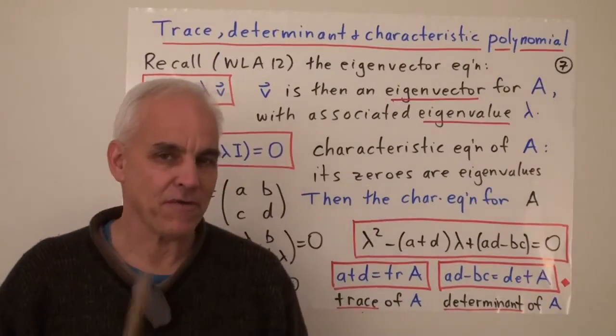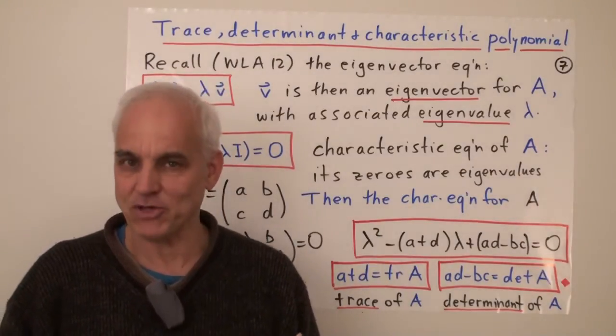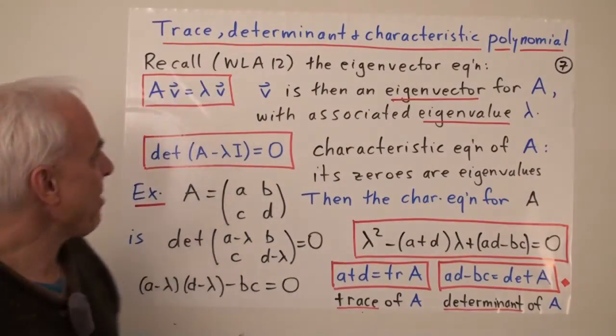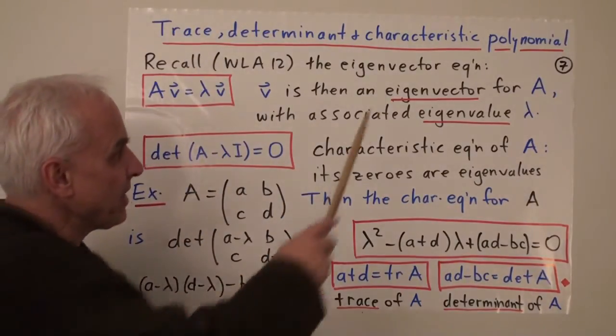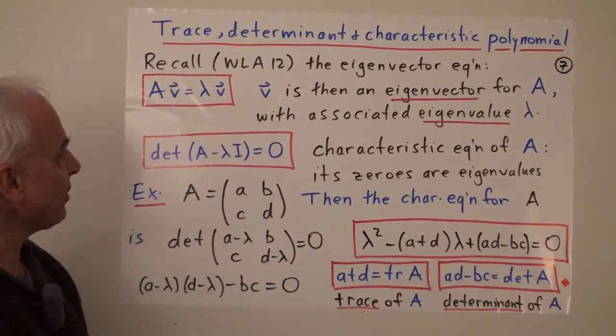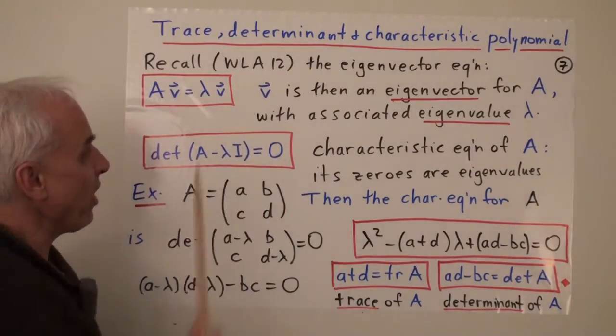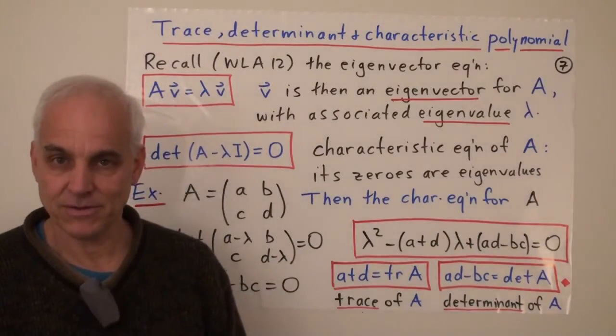Let me remind you of a few other important aspects of 2x2 matrices. Let me remind you about the trace, the determinant, which we've already talked about, and the characteristic polynomial. This goes back to our discussion in Wildberger Algebra 12 of eigenvectors and the associated eigenvalues.